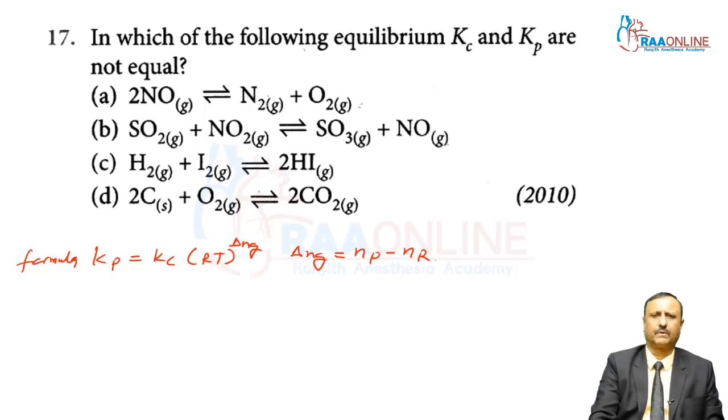Here you can see product and reactant are equal, delta Ng 0, product and reactant equal, delta Ng 0, product and reactant equal, delta Ng 0. Here there are 2 products and here 1 reactant. Solid is not counted, but 2 and 1. So your answer is D. Question number 17, answer is D.